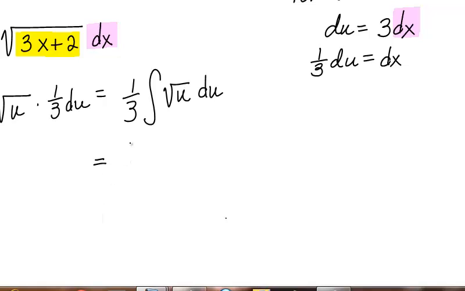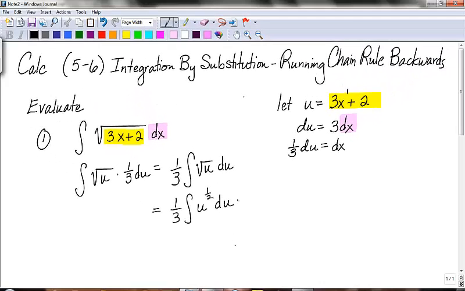I would leave the 1/3 out front, and the integral of the square root of u is u to what power? u to the 1/2 power, right, with respect to u. Now, if I cover up all of this and just start with this, you're back to a polynomial. Add 1 to the exponent, divide by the new exponent.